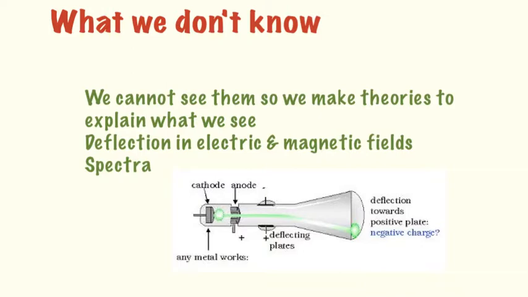We used this in the old days when the first televisions, cathode ray tubes and oscilloscopes came along. They were based upon this very principle, with a screen that would fluoresce when the electrons hit it on the inside, and that was basically the way things worked for many years.